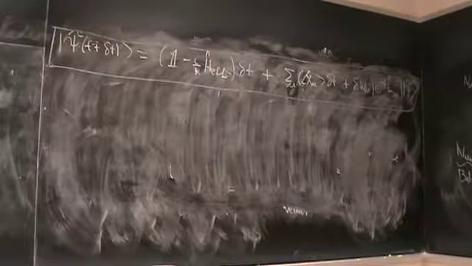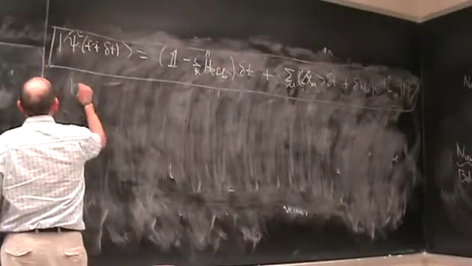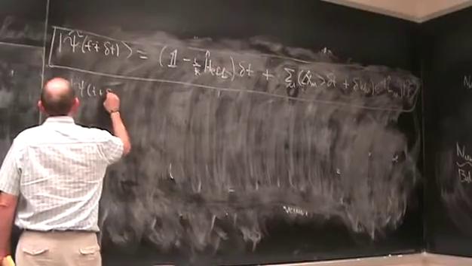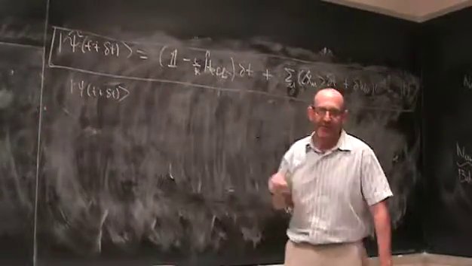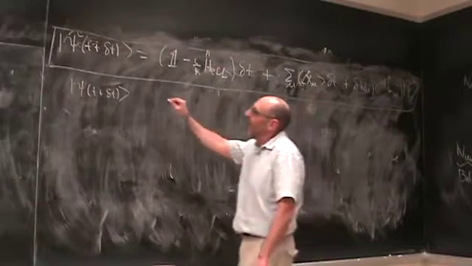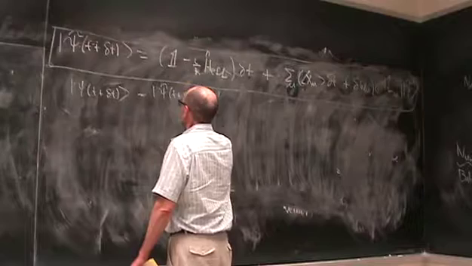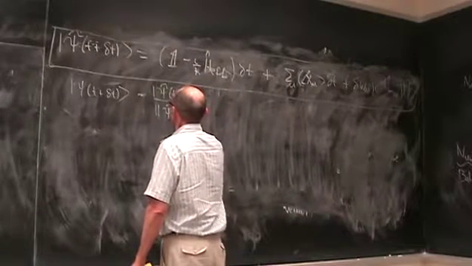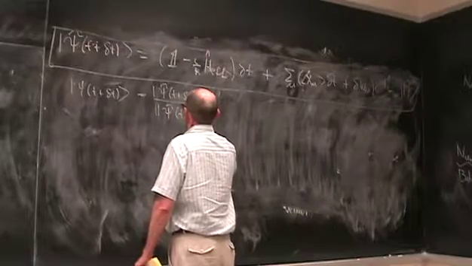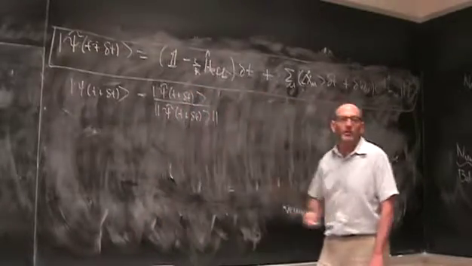Because if I normalize the state, I will write down what the final form is. The question was, did you want us to go through the steps to do it? Let me explain the point. Okay, we got to get that norm.